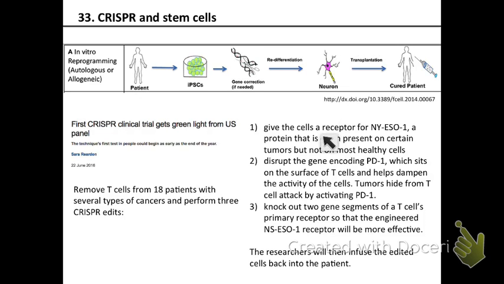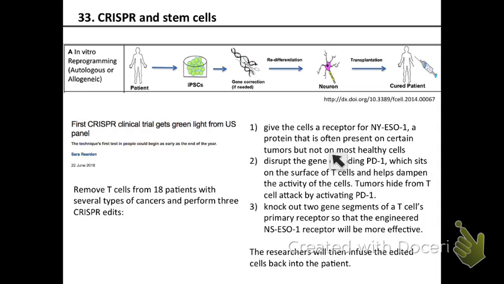What they're doing is inserting into the genome of these cells a gene encoding a receptor for NY-ESO1, which is a protein that's often present on certain tumors but not on healthy cells. So they're directing the T cells to find the cancer cells because cancer cells specifically express that protein. So they're making a receptor for that protein, okay?